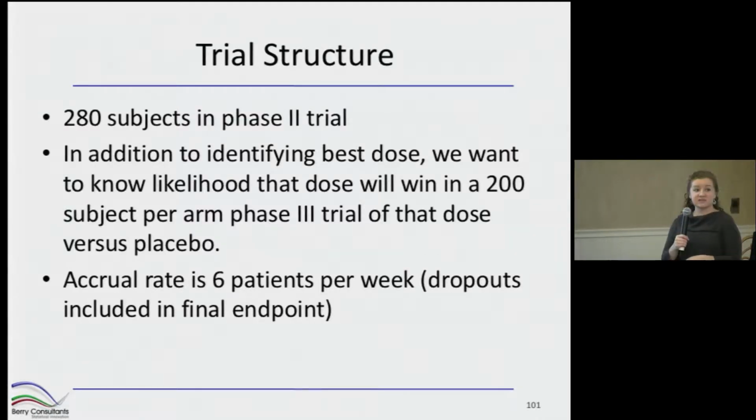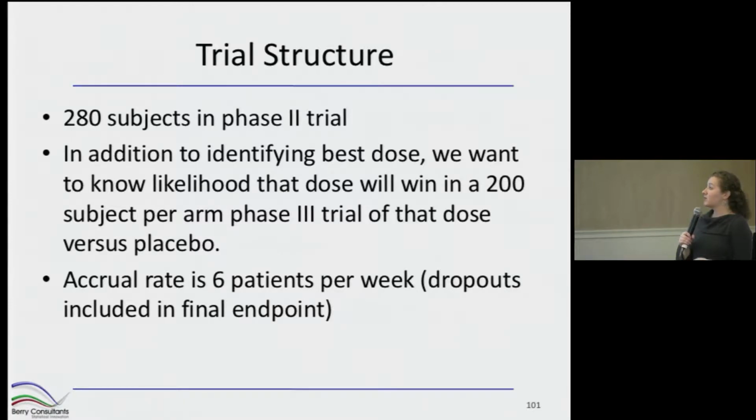Some details about the trial here. We're going to enroll 280 subjects into our trial. In addition to our goal of identifying the best dose, since this is a phase 2 trial, we also would like to calculate the probability that a dose that we carry forward is going to be successful in a future trial.